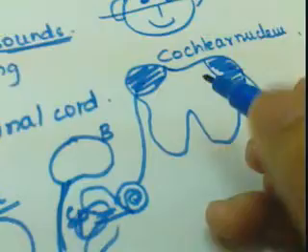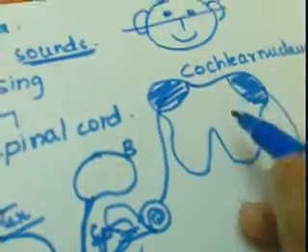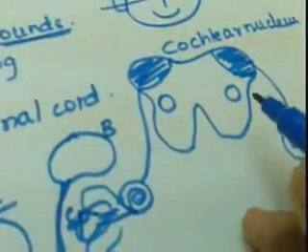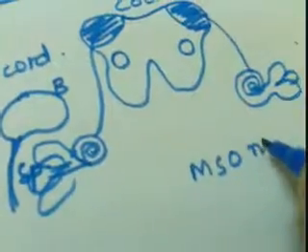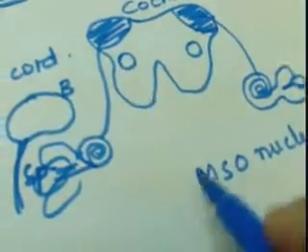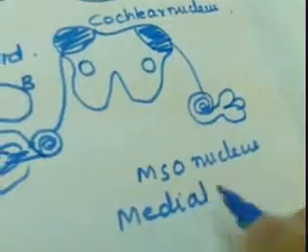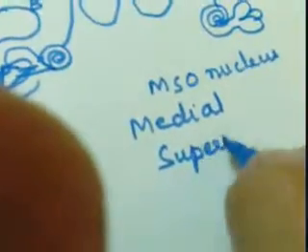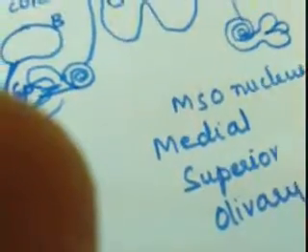Now from the cochlear nucleus the information will go to another one, the medial superior olivary nucleus, the MSO nucleus. M for medial, then superior olivary nucleus.